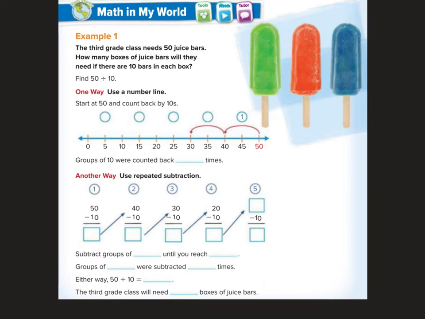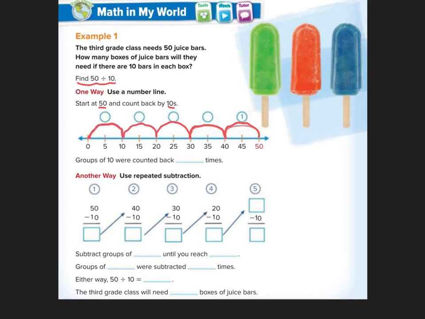All right, here we have example 1. The third grade class needs 50 juice bars. How many boxes of juice bars will they need if there are 10 bars in each box? So what we're looking at here is we need to find 50 divided by 10. One way, we could use a number line, counting backwards. If we start at 50, count back by tens, we'd go down to 40, 30, 20, 10, and then 0.